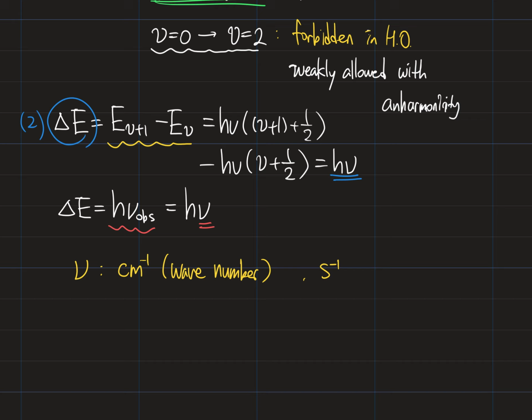To do this, they introduced omega tilde, which is simply the frequency divided by the velocity of light.